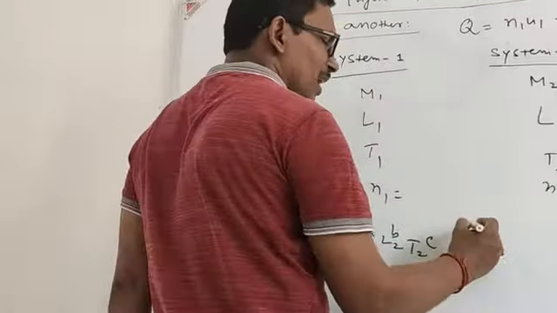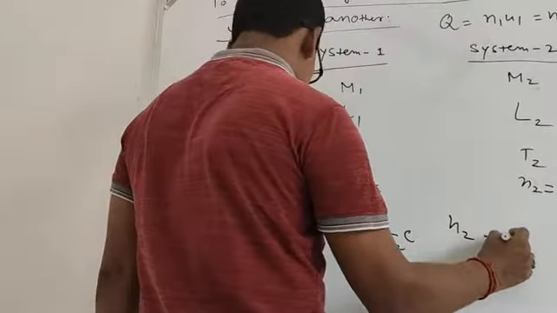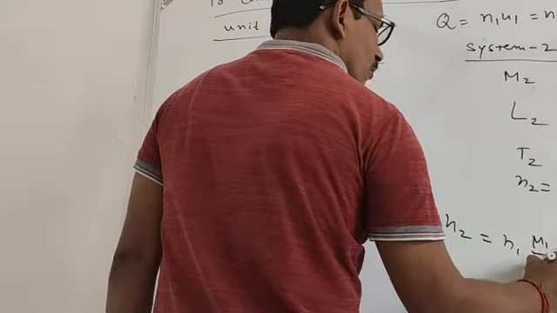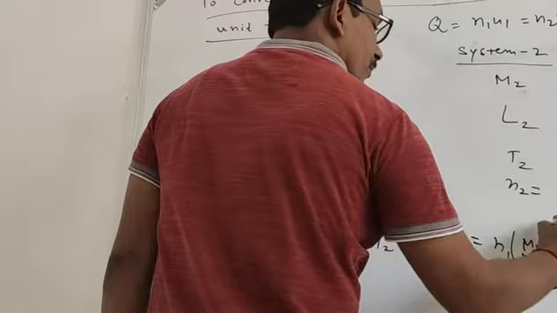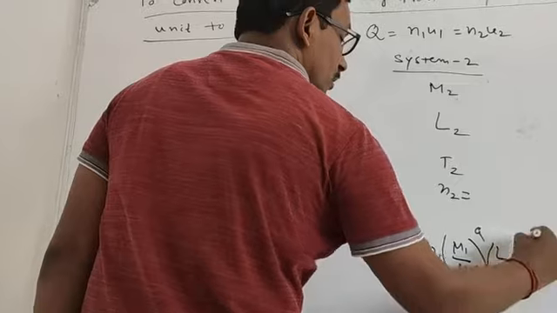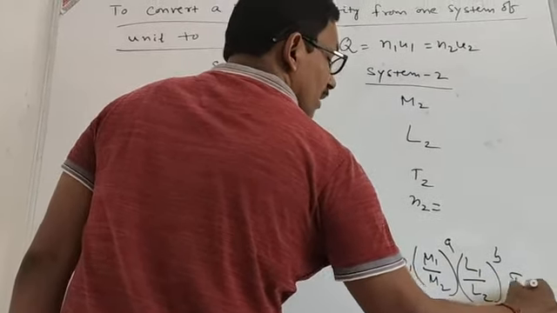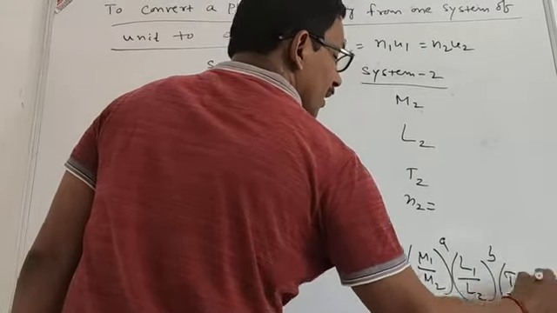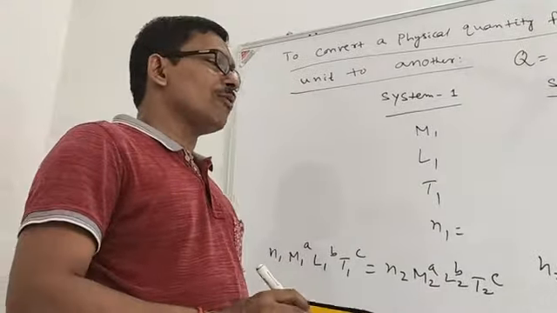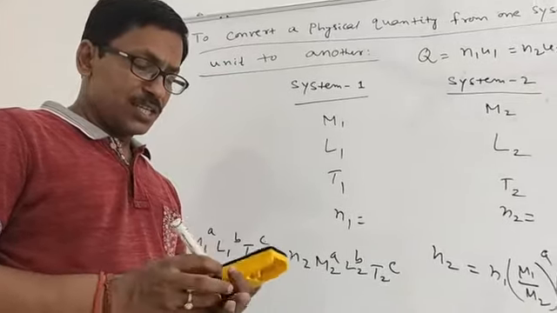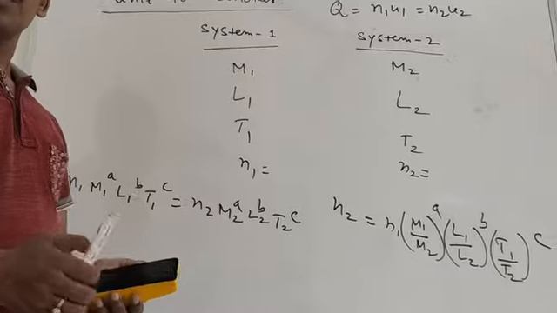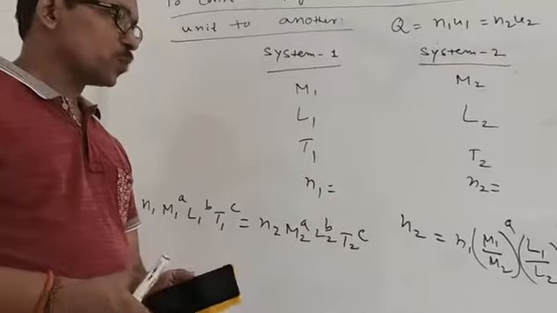N2 equals N1 into M1 by M2 to the power A, L1 by L2 to the power B, T1 by T2 to the power C, where M1, L1, T1 are the fundamental units in system 1, and M2, L2, T2 are the fundamental units in system 2.